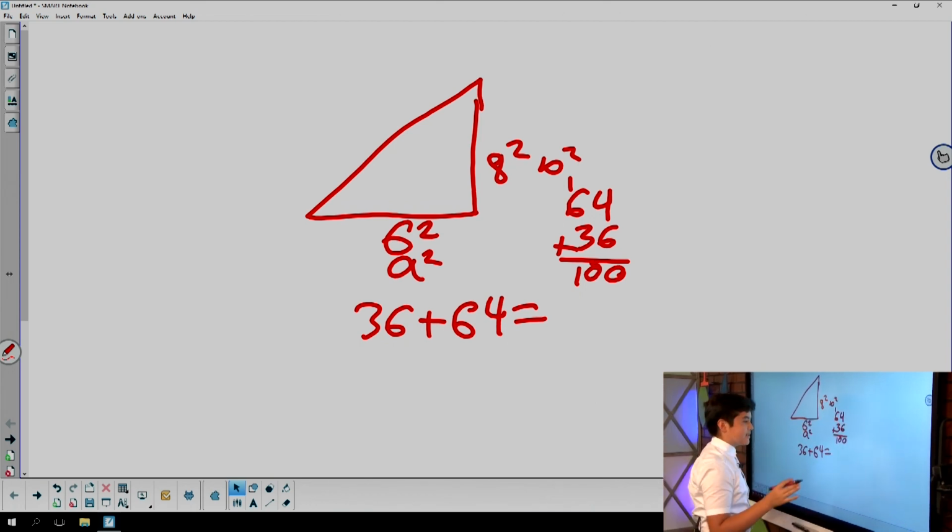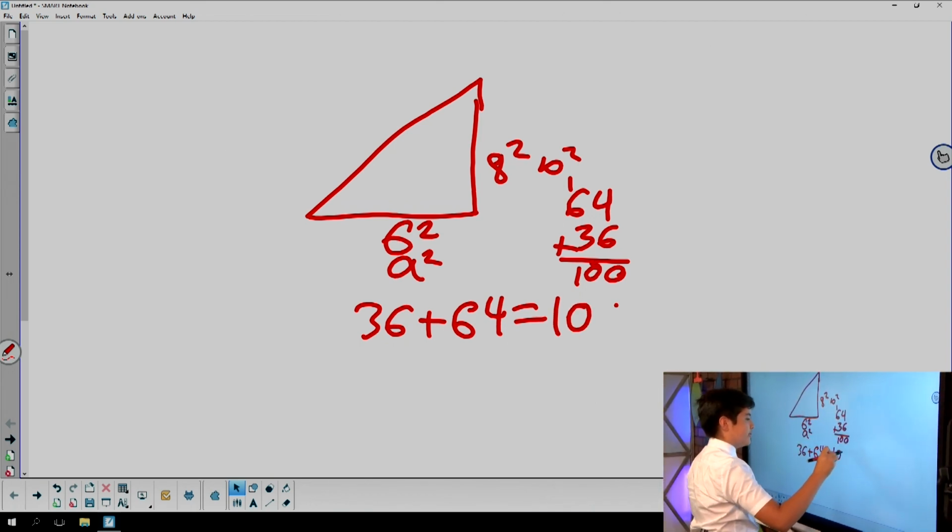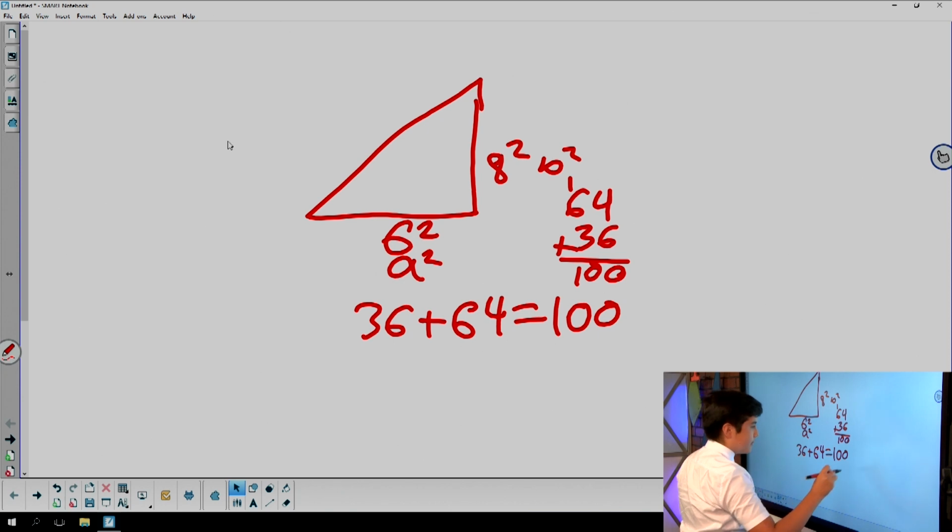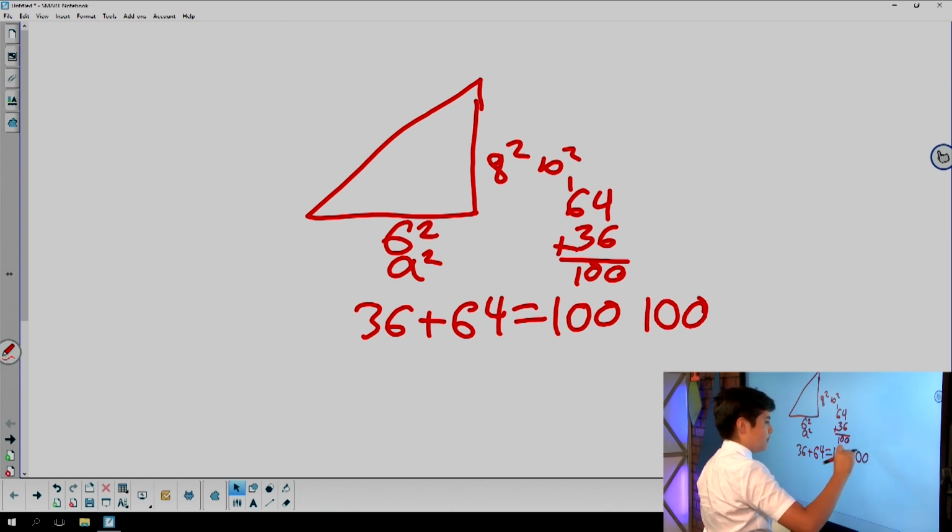And this is one of the best case scenarios because 100 happens to be 10 squared. So if you take the square root of 100, it equals 10.